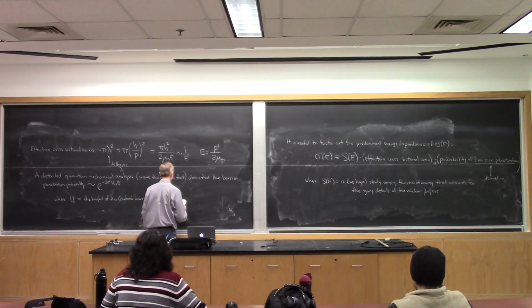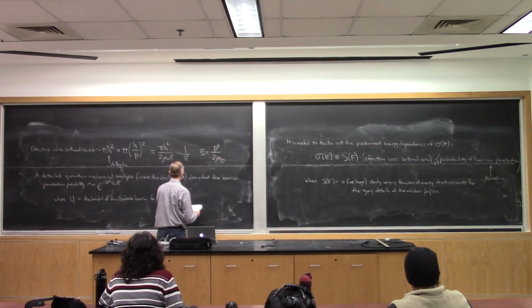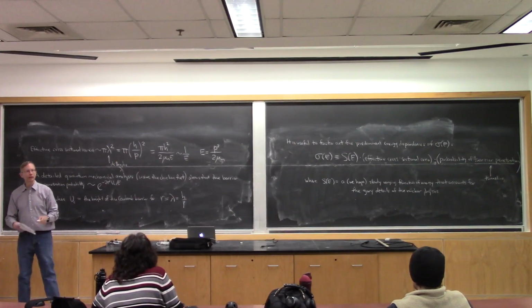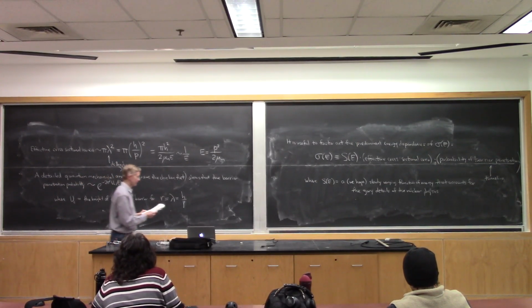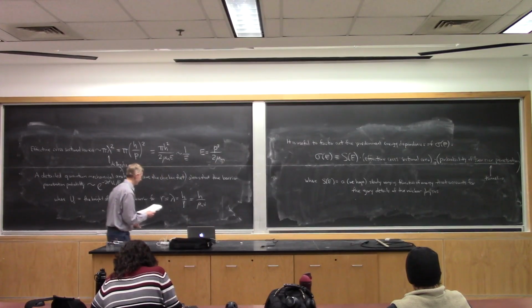for R equals lambda equals h over p. In other words, the height of the Coulomb barrier when they're a de Broglie wavelength apart from one another, so h over mu v.